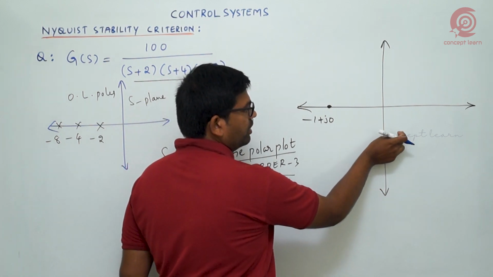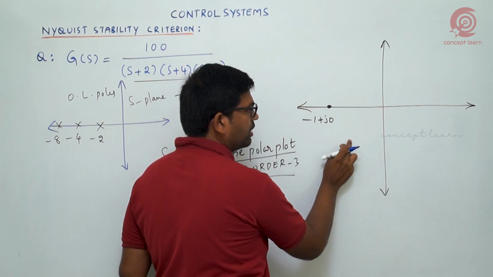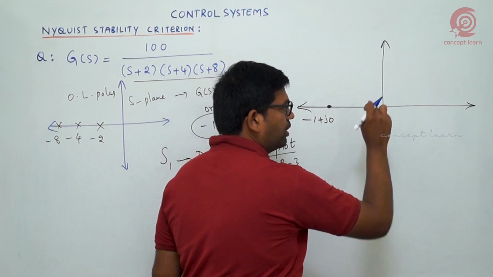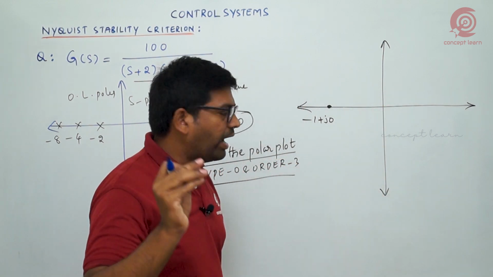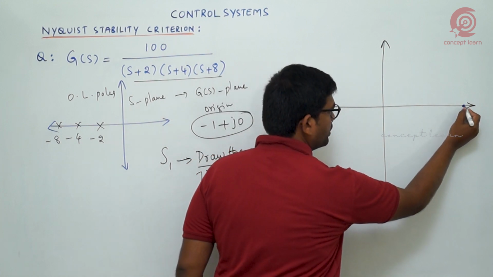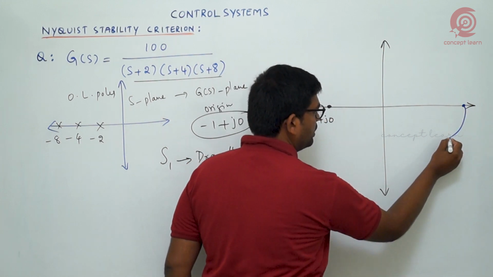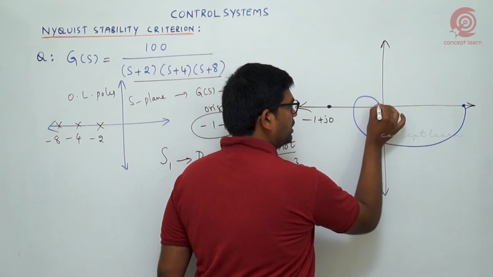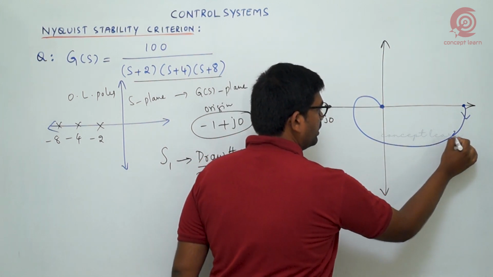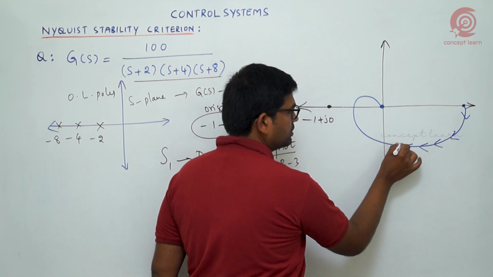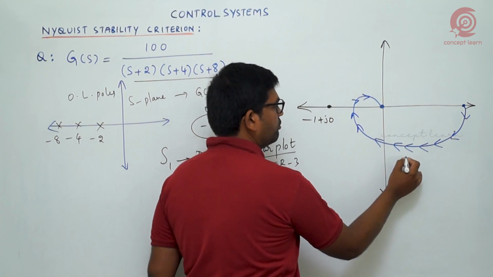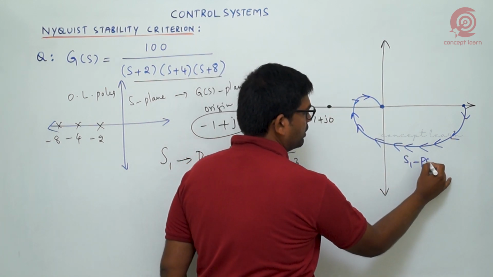If it is order 1, it terminates here. Order 2 means the plot terminates here. Order 3, order 4. Now it is type 0 and order 3. So the starting point is from here and order 3 means it terminates here. This is the S1 path. Means we drew the polar plot for the given transfer function.